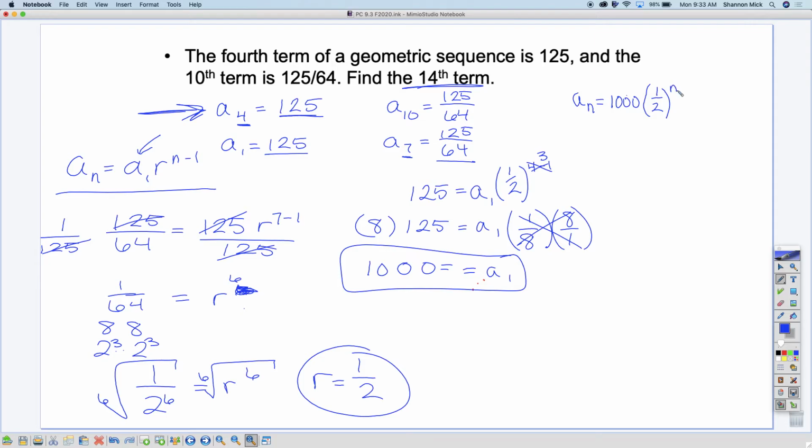So that's 1,000 times 1/2 to the n divided by 1/2 to the first. So I have to multiply by the reciprocal of 1/2, which is what? 2. So a sub n equals 2,000 times 1/2 to the n.